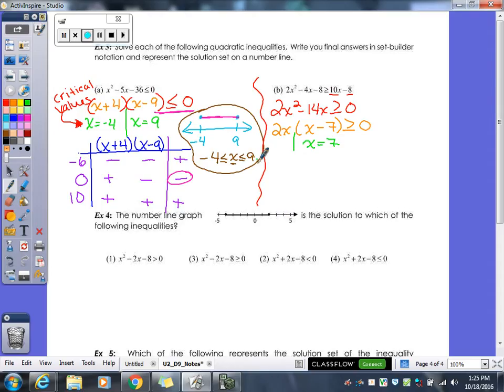What would we get over here on the left? We'd get x equals 0, because you would set it equal to 0 divided by 2. 0 divided by 2 gives you 0. So on our number line, we're going to have 0 and we're going to have 7. Those are our two critical values. What kind of circles on 0 and 7? Closed.